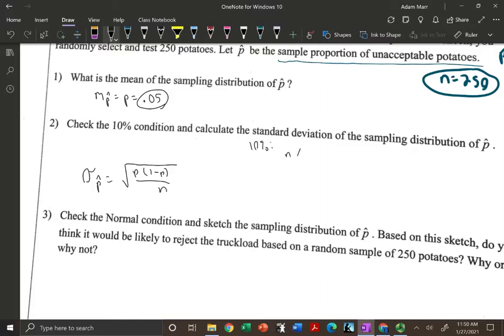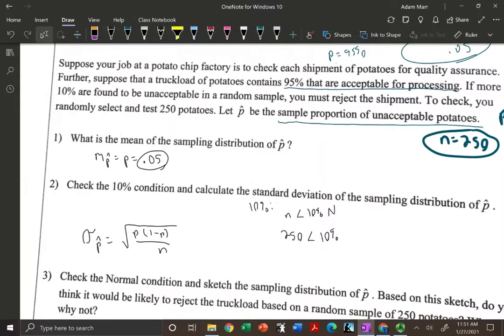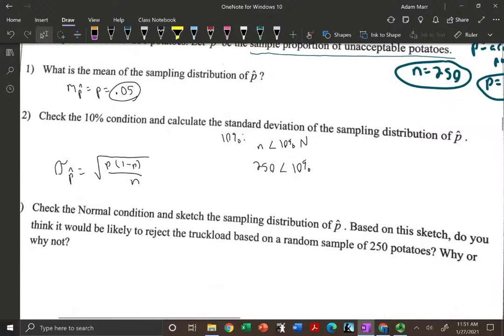That means n has to be less than 10% of the population. All right, so n is 250. Is that less than 10% of big N? Remember, we're talking about a shipment of potatoes. Is that less than 10% of the full shipment of potatoes?